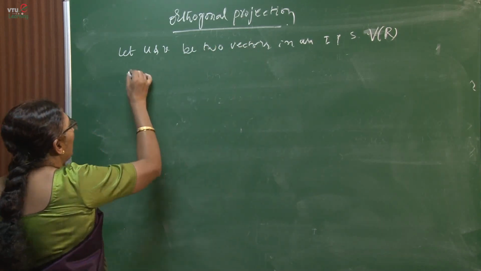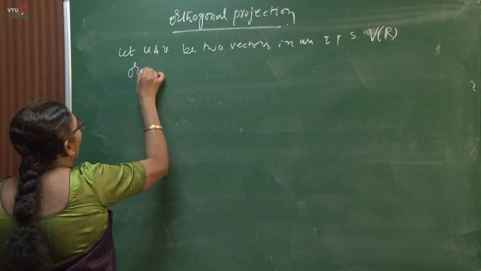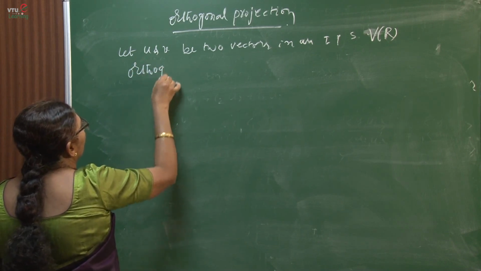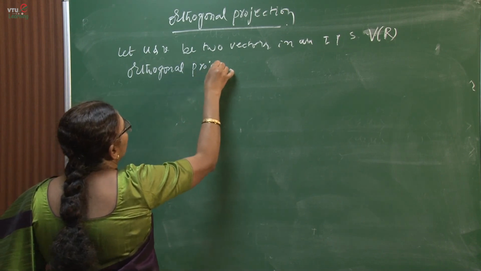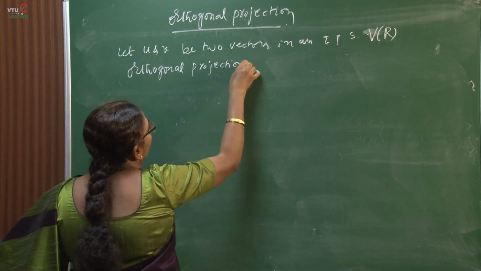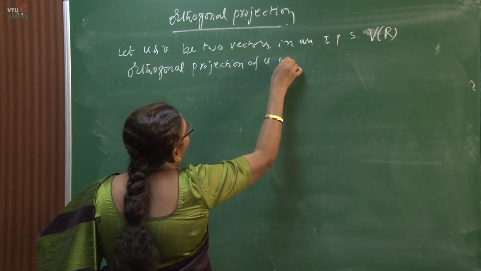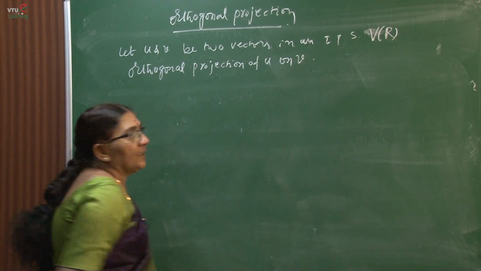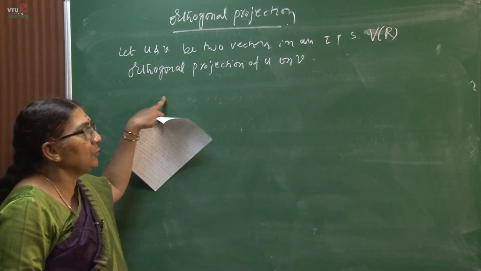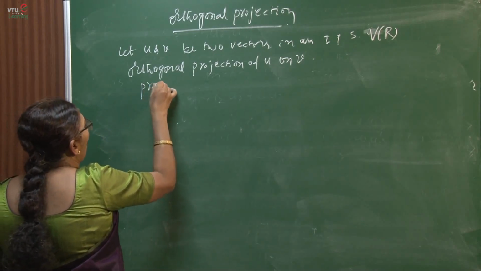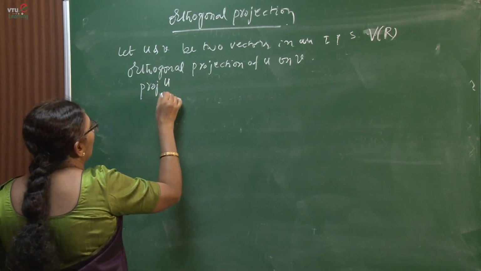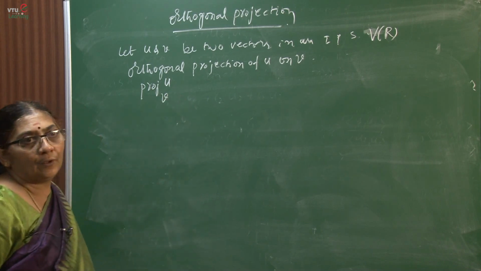Now, the orthogonal projection of u onto v; there are two ways to define it. The orthogonal projection of u onto v is defined as proj of u with respect to v.